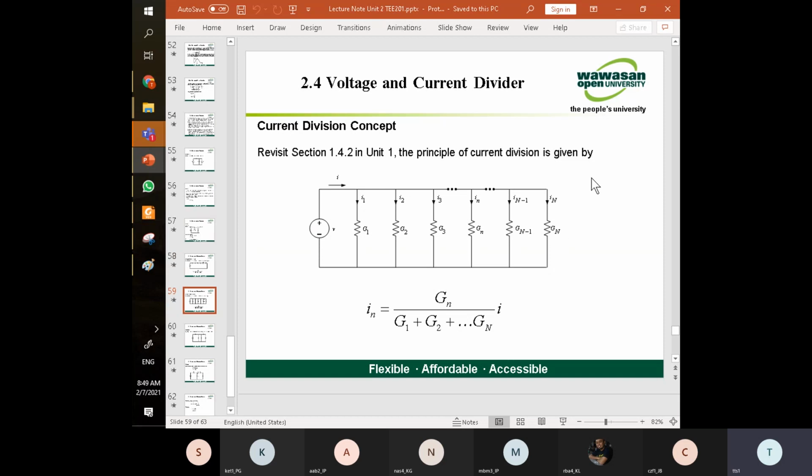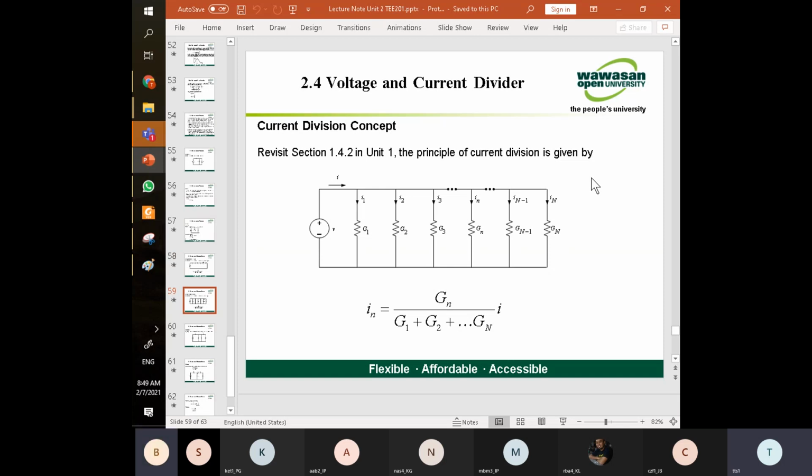In practical circuits, you can see in many circuits that they divide the current into smaller currents, so they use this current divider circuit.